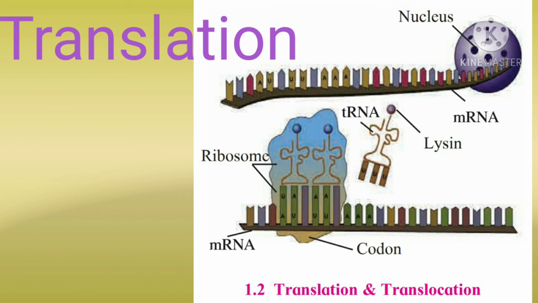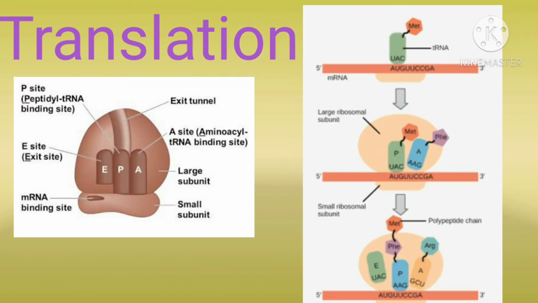The tRNA, which brings along the amino acid methionine with it, containing the anticodon UAC, binds with the start codon AUG on the mRNA. The ribosome contains 3 sites: acceptor site or A site, peptidyl site or P site, and exit site or E site.